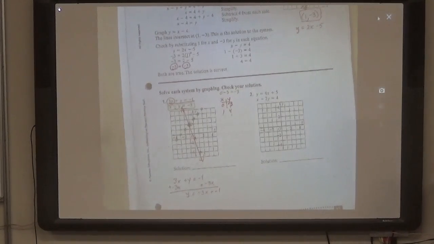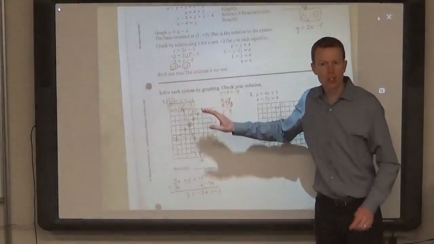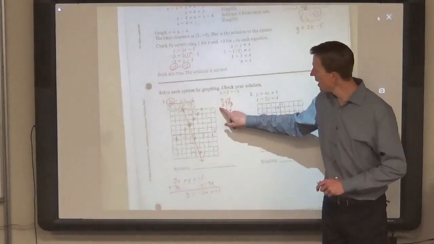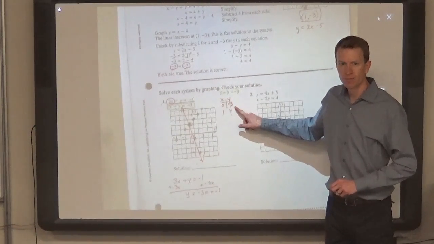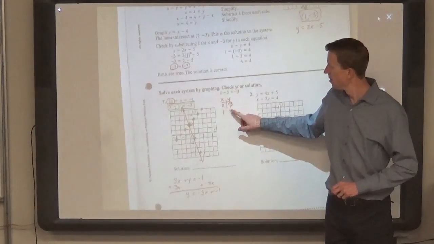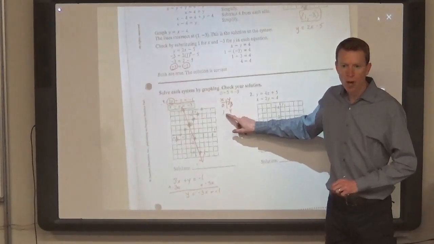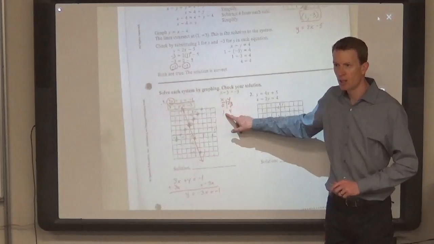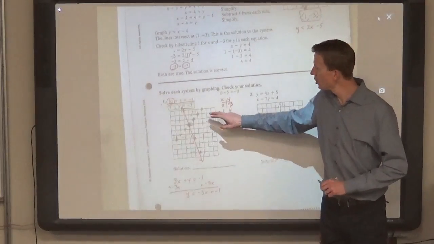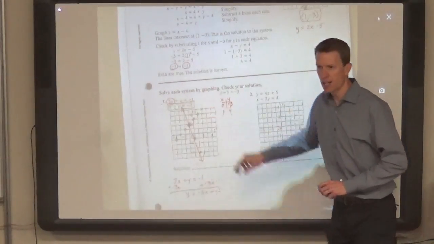One way to graph a line is to choose values, choose an x value, and find the y value. Okay? Or choose a y value and find the other value. Then the solution is where these lines would cross.